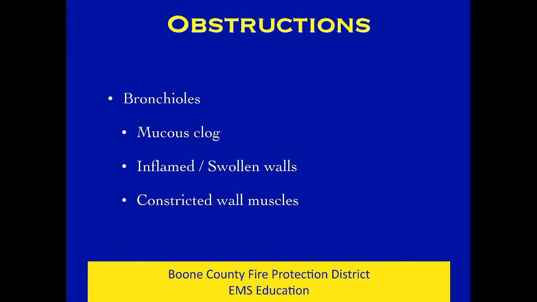A lot of times, all three of these are in play in severe respiratory patients. They have thick, sticky mucus clogging things up. Their bronchial walls are upset and inflamed and swollen, and that narrows the passageway. And then there's a little bit of irritation to the bronchial wall, and those muscles constrict.